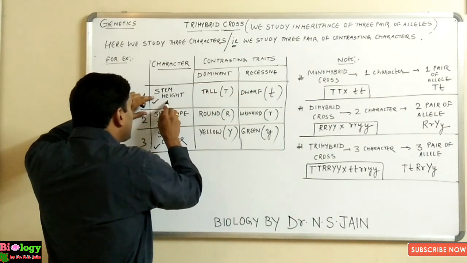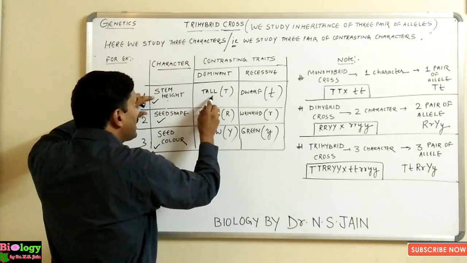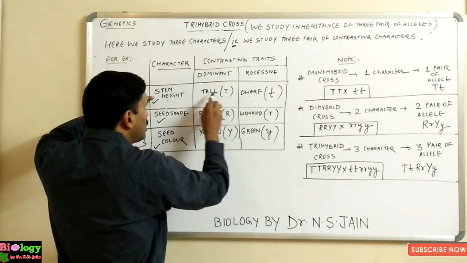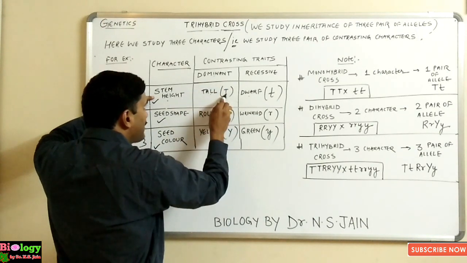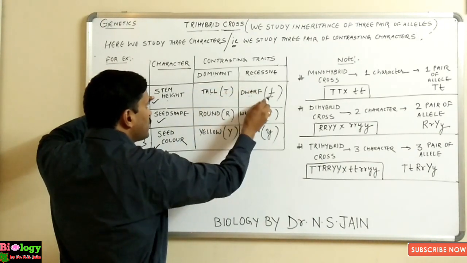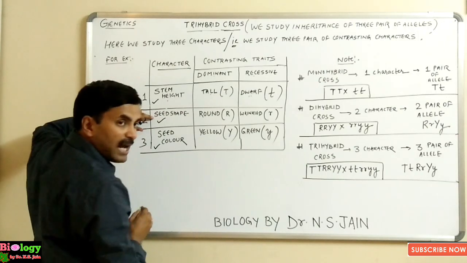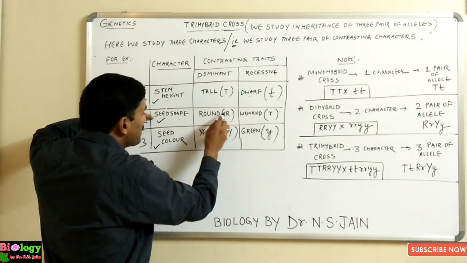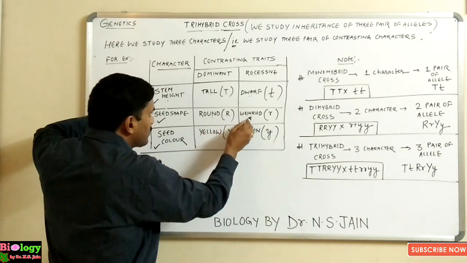So if the character is stem height, it has a pair of contrasting characters known as tall and dwarf. Tall is dominant, denoted by capital T. Dwarf is recessive, denoted by small t. The other character is seed shape, and the contrasting pair of traits is round and wrinkled.